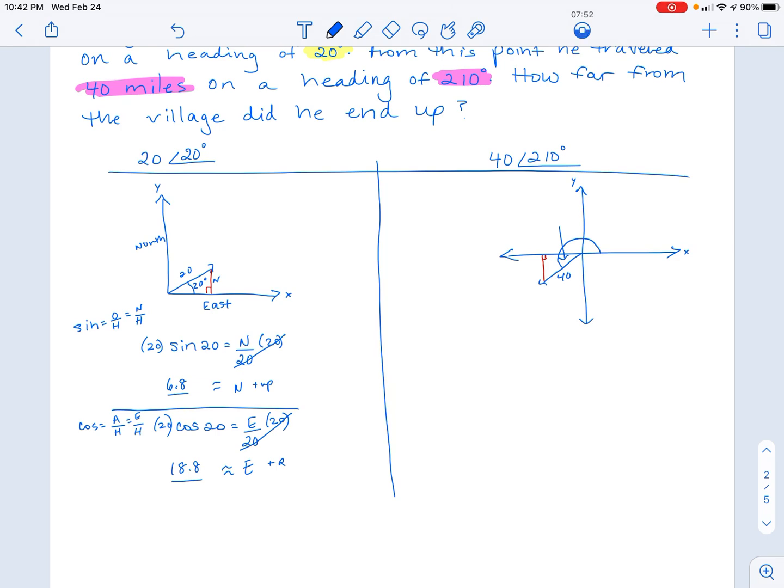So in order to do that, we have to do a little bit of calculating here. So let's see. We would have 210, and we'll subtract 180 from that, and you're going to get 30. So this measurement of the angle in there is 30 degrees. Okay, so we're going to find sine 30, and we're also going to find cosine 30.